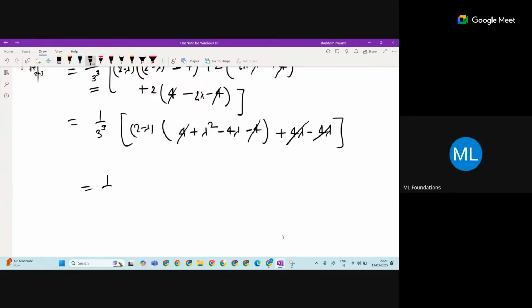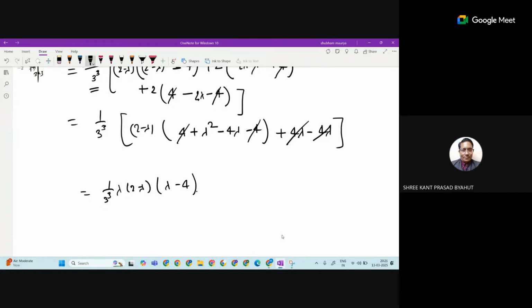So 1 upon 27, and this is 2 minus lambda, or 2 lambda square minus 8 lambda, and this is minus lambda cube. To open 1 by 3 cube, and this one, and this is lambda square, or we can take out lambda, and lambda minus 4.